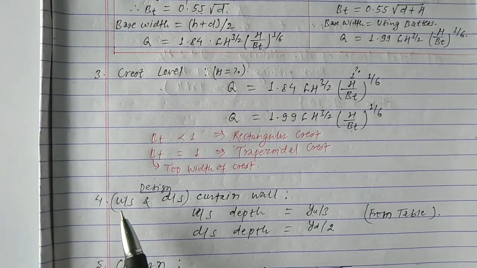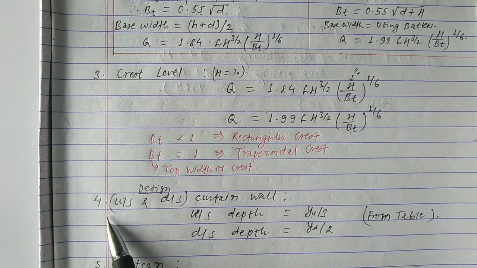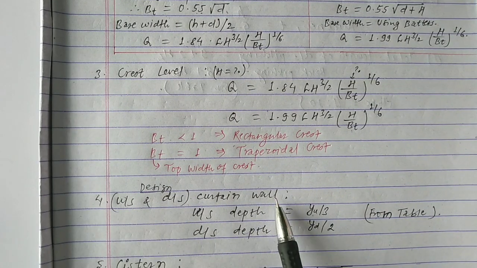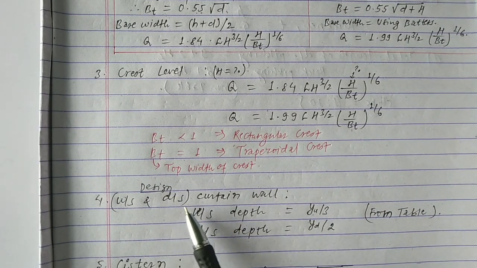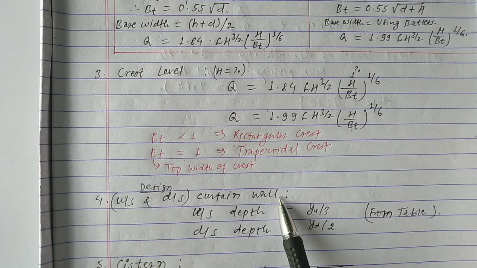In the next step, number 4, is the design of the cutoff wall, that is, the upstream and downstream cutoff walls. For the upstream the depth is taken as Y by 3, and for the downstream, the depth is Y by 2.